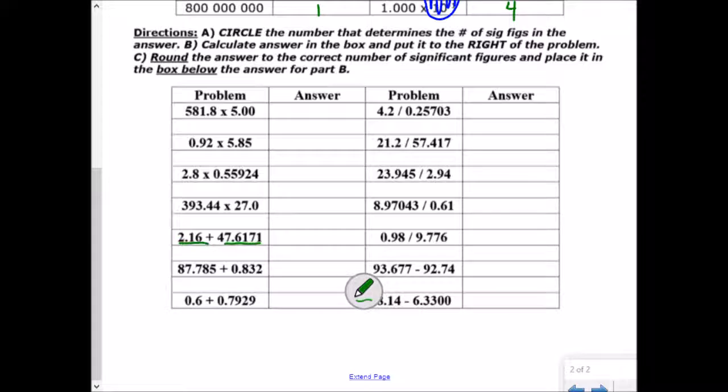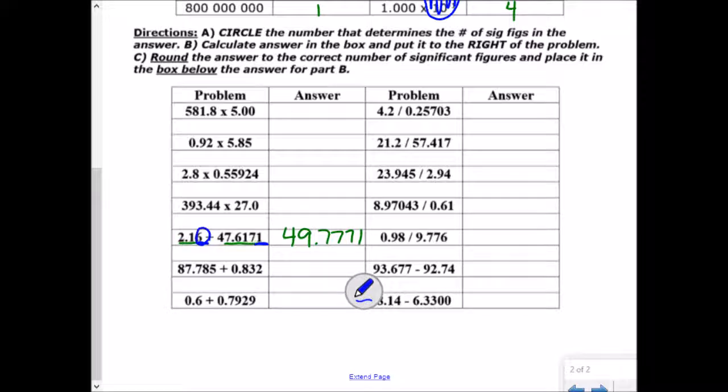We get our calculator answer. I want you to write the calculator answer to the right. Then figure out how you're going to round it. Let's look at both of our measurements here. This one goes to the hundredths. This one goes to the ten-thousandths. Which one is not as good in terms of precision? The first one. So this is the one we're going to round to.